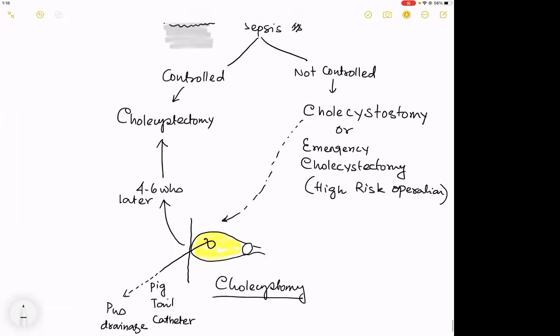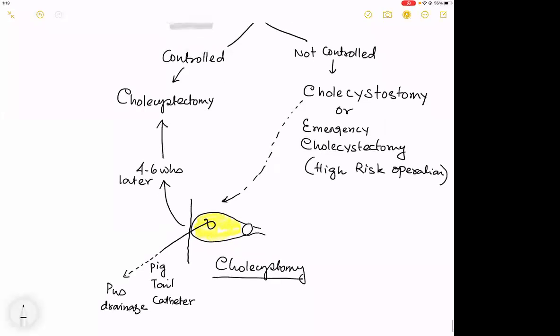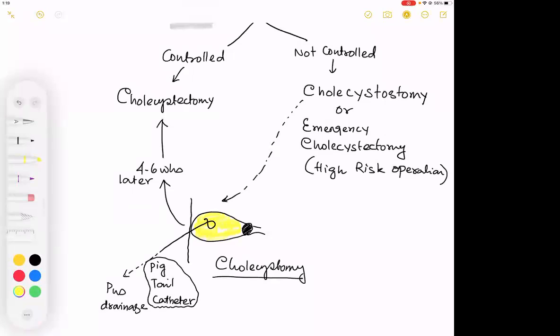Please tell me when you have completed writing. Done, sir. If you are given empyema as a theory short note, you will do this. What have we done? Can you see the pus in the picture? The yellow colored is pus. We have given a pigtail catheter, because it looks like the tail of a pig, and the pigtail is taking out the pus.